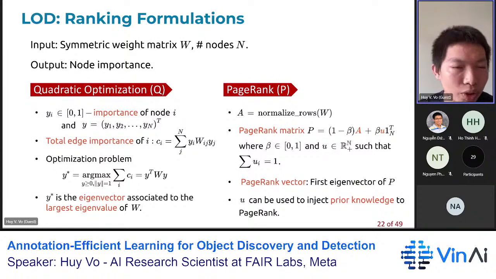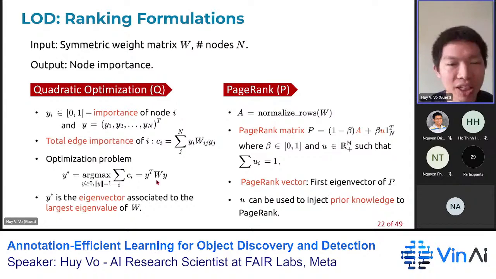The first formulation that we consider is a quadratic optimization formulation, in which we denote by yi the importance of node i in the graph, and by y the vector that aggregates the yi. We also define the importance of an edge as weighted by the importance of its extremities.